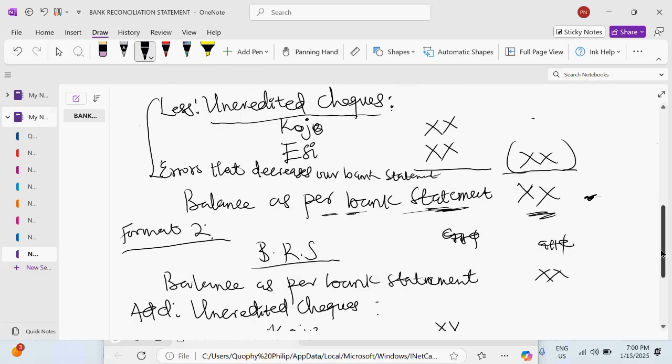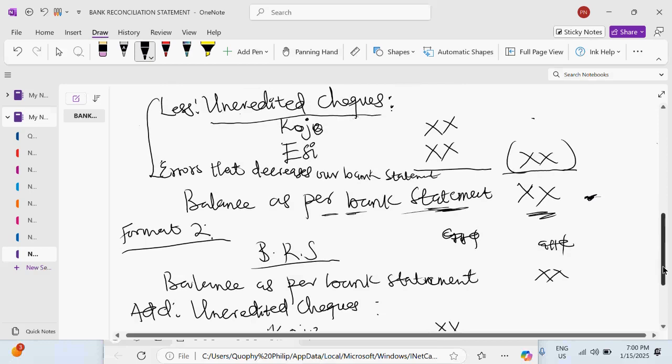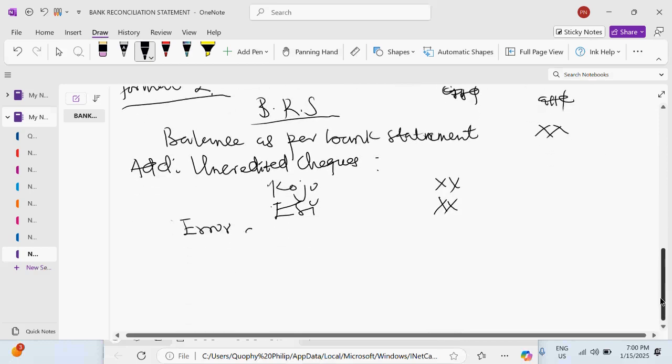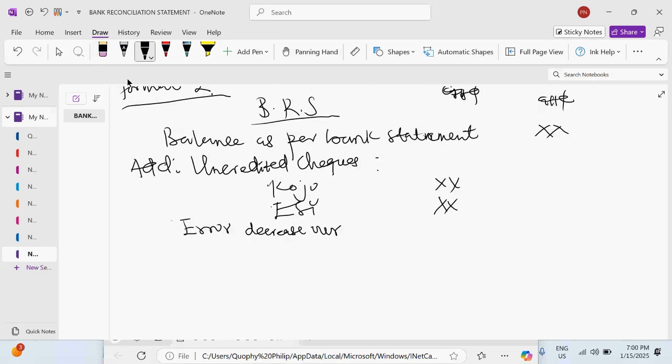Yeah, so errors that decrease our bank statement.